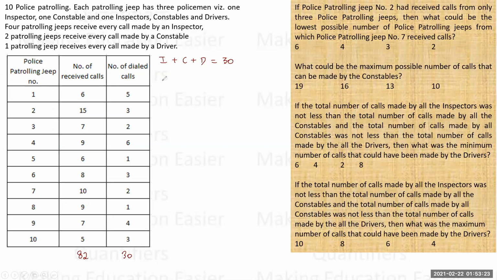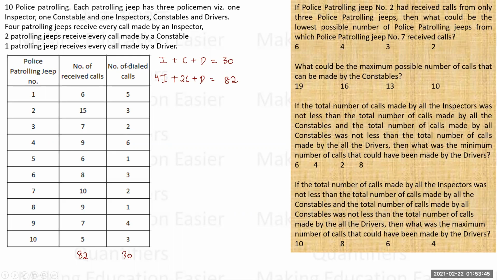Whenever an inspector makes a call, it goes to four jeeps. So the total number of received calls gives the equation 4i, because one inspector gives a call to four jeeps, plus 2c, because a constable gives to two, plus 1d, because a driver gives to one. All that is equivalent to 82.